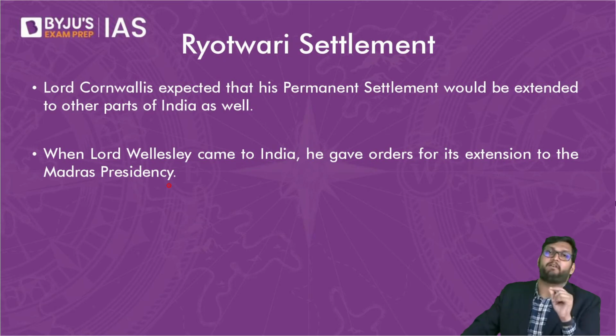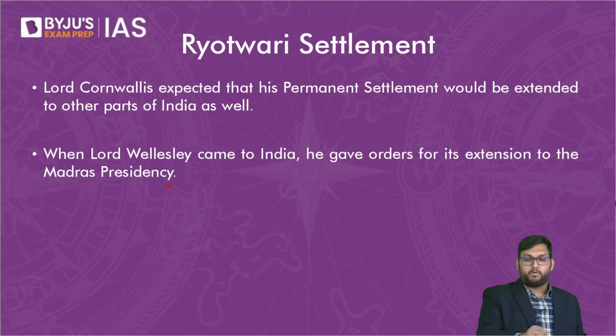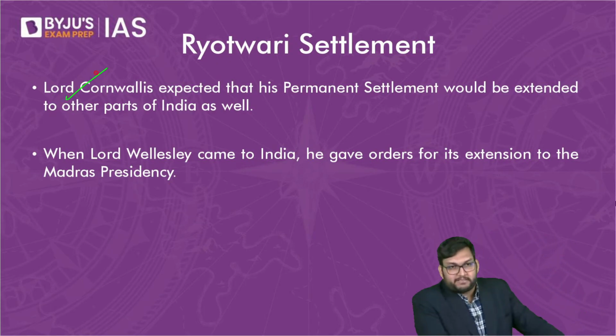This was the level of ignorance which was there in India at this point of time. Cornwallis expected the permanent settlement, and let it sink in that colonialism does not work on morality or conscience. It works on destruction, on violence, and on exploitation. They don't care.